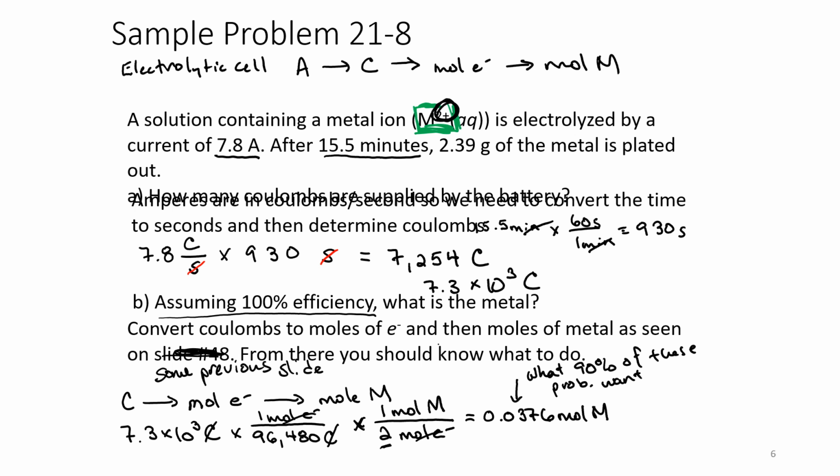You're going to do that almost 100% of the time, and then you might have an extra step to do. All right, here we have moles of our metal, but it really wants to know what the metal is. Well, I can figure out what the metal is if I know grams per mole of the metal, and then I can look up what it is on the periodic table.